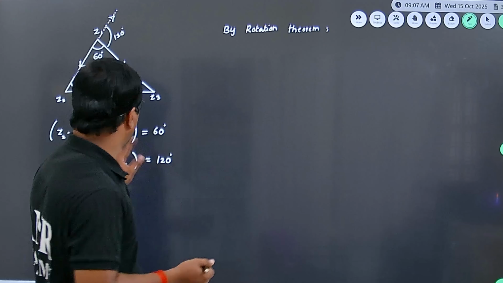Therefore, A is written as minus b, where b is 0 plus 2i in complex form, simply 2 times i. Next omega, omega is minus 1 by 2 plus root 3 by 2 into i. Next minus sign. C is 4 plus 0i, that is just 4, multiplied by omega square, written as minus 1 by 2 minus root 3 by 2 into i.